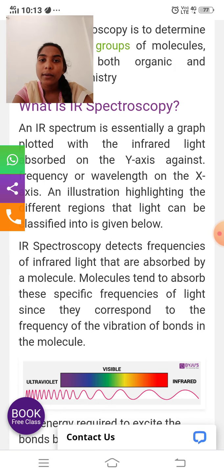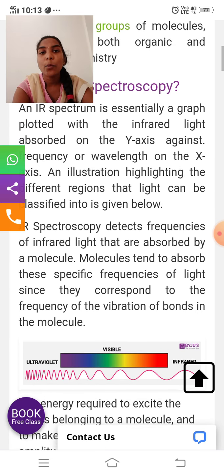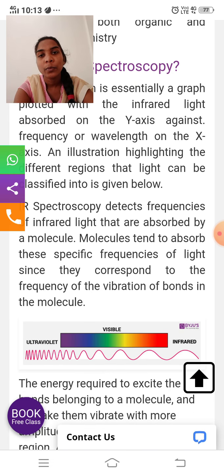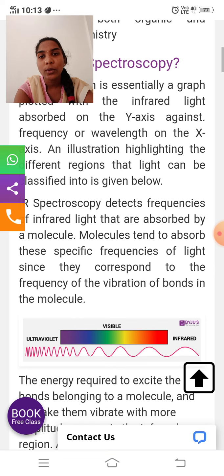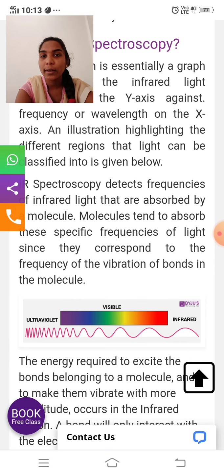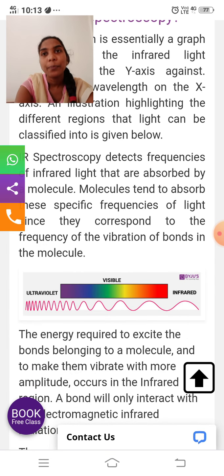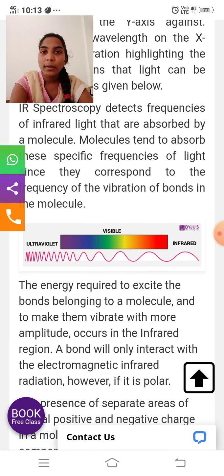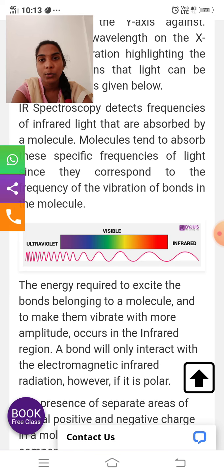An IR spectrum is essentially a graph plotted with the infrared light absorbed on the y-axis against frequency or wavelength on the x-axis. An illustration highlighting the different regions that light can be classified into is given below. IR spectroscopy detects frequencies of infrared light that are absorbed by a molecule.